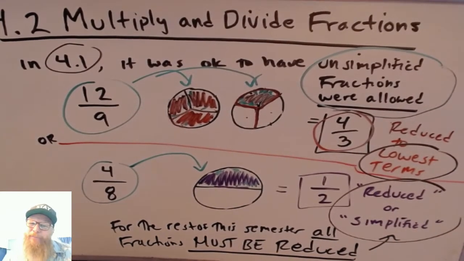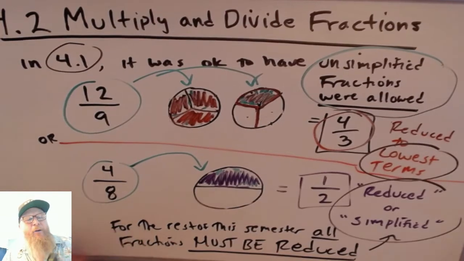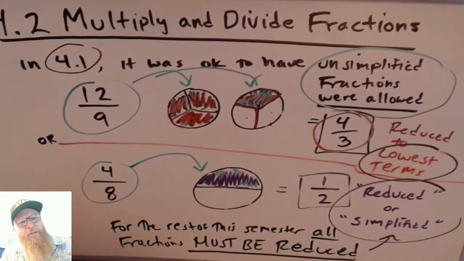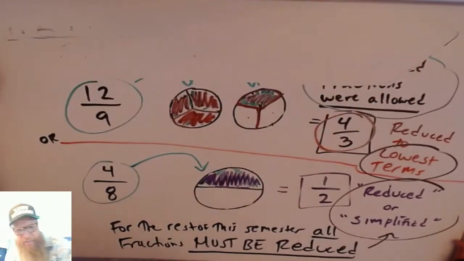Now, today I'm just going to say it every 5 minutes. I'm going to say reduce, simplify, reduce, simplify. Eventually, I'm just going to stop saying it. I'm just going to expect that if you're doing a math problem in my class, you need to simplify your answer. I might remind you of it occasionally because I like you guys and I want you to get the right answer. But ultimately, the onus is on you to know that in mathematics, you have to simplify your answers.